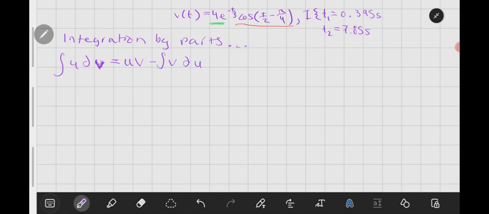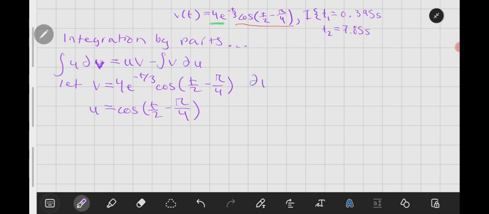So we apply this formula by letting v be 4e to the negative t over 3 cos t over 2 minus pi over 4, and we will let u equal our cos function. And then we must find both dv and du.